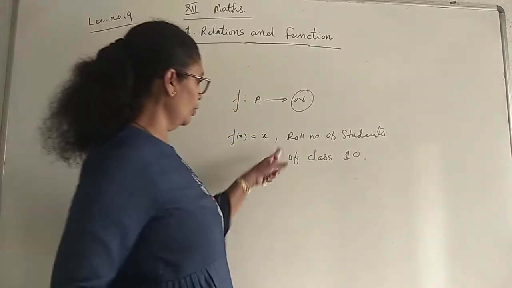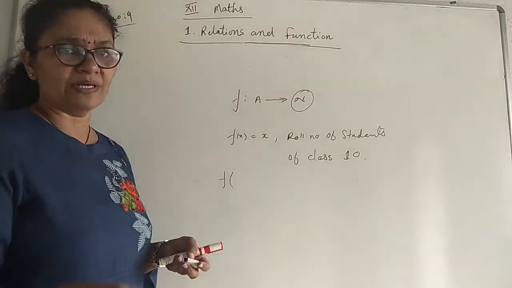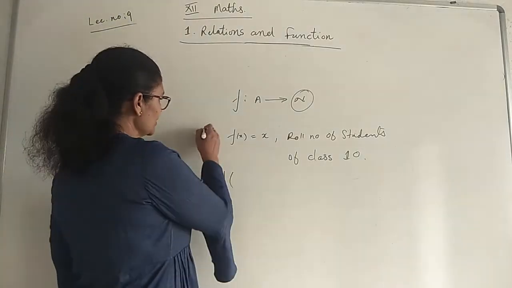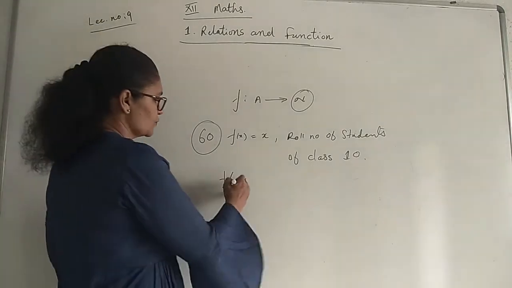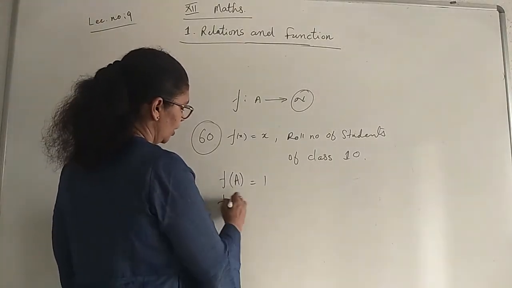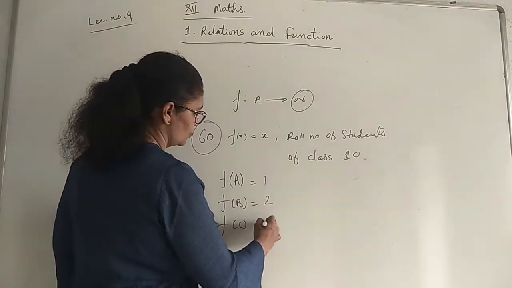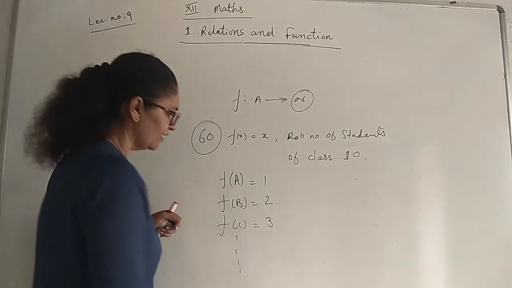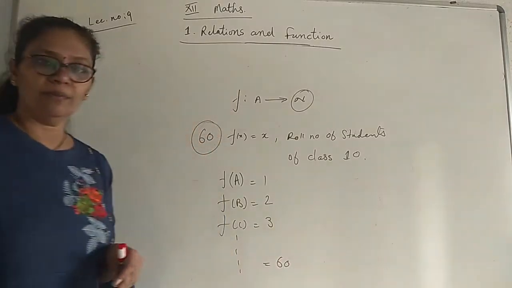Suppose we take a total of 60 students in a class. Suppose we take one student A whose roll number is 1, another student B whose roll number is 2, third student C whose roll number is 3, and that way you can go up to roll number 60.